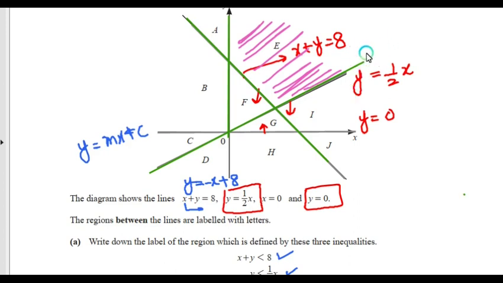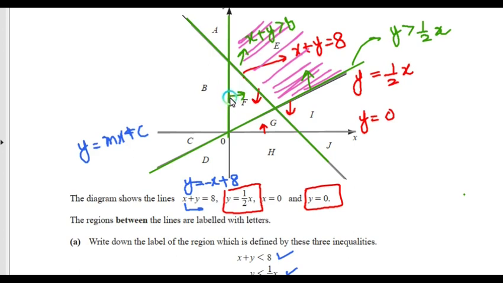Okay, as this region is above this line, and this line is actually y equals half x, it must be y greater than 1 over 2x. Again, this region is above this line, and this line equation is x plus y equals 8, so it should be x plus y greater than 8, right? Now the third line: the region is on the right side of this line.